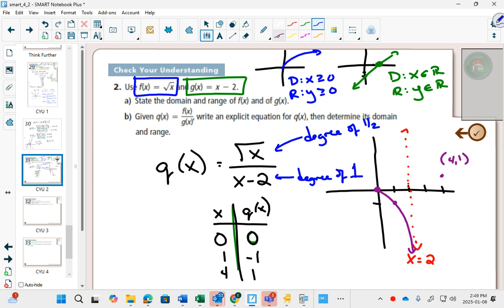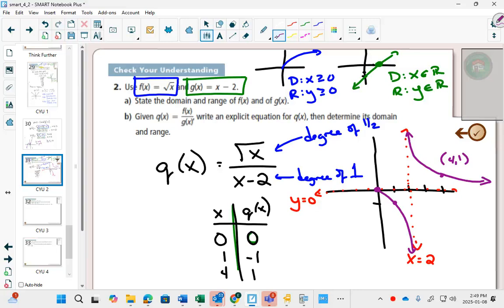What happens when the degree is bigger in your denominator? You have an asymptote at y equals 0, which is actually enough information for us to say, I think this is going to look something like this.